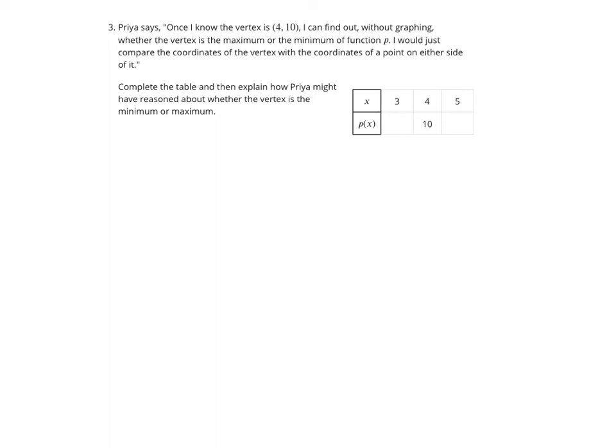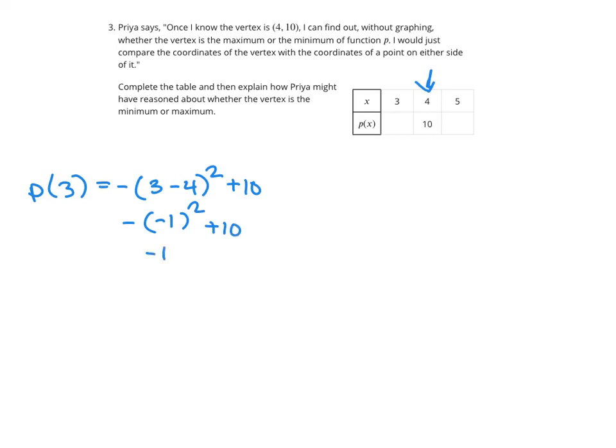So let's complete the table and then explain how Priya might have reasoned about whether the vertex is maximum or minimum. So here we have the vertex, and if I plug in 3 for p of x, let me see, what was p of x? -3 minus 4 squared plus 10, -1. -1 squared is 1, but that negative is still there.